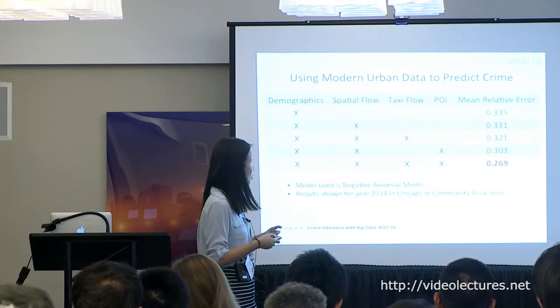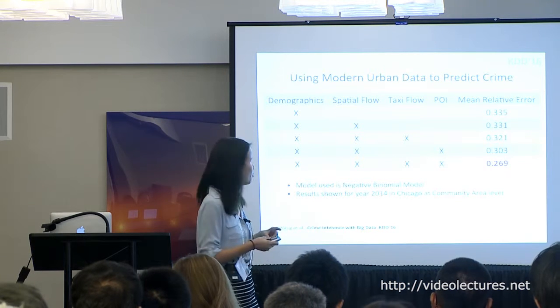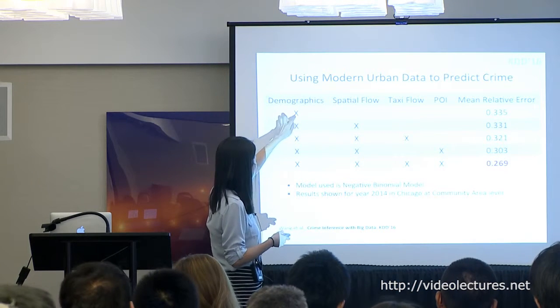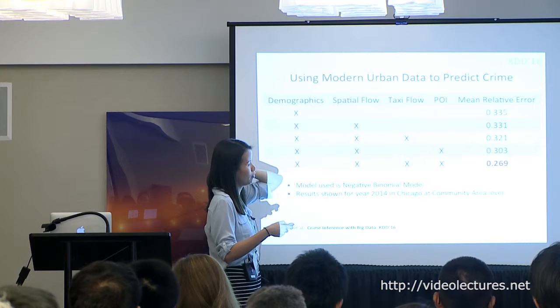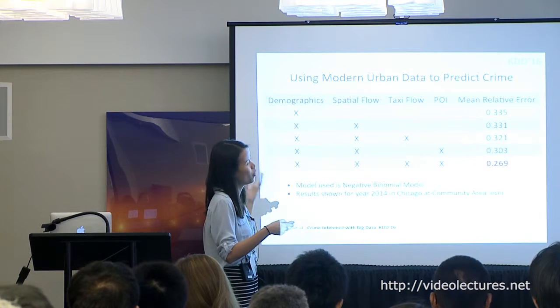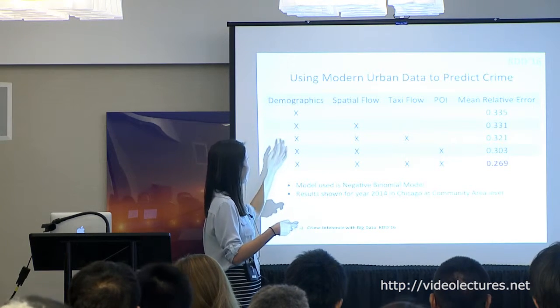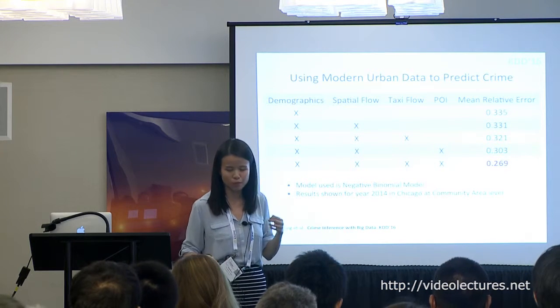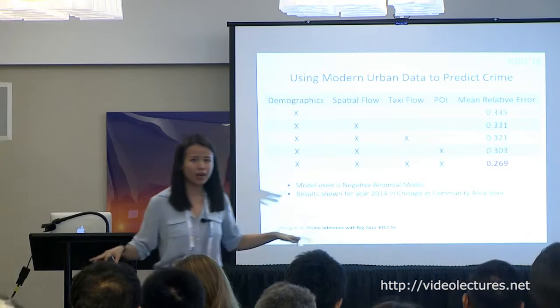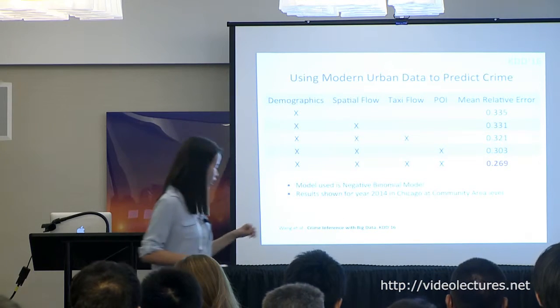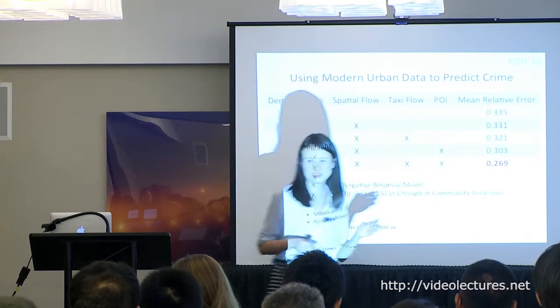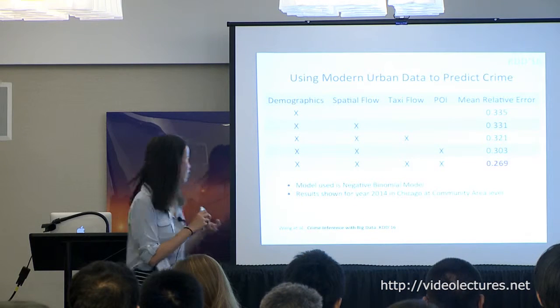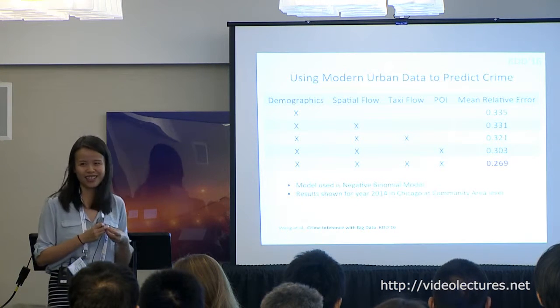One thing I do want to point out is something also very interesting. If you use the demographic data, the relative error will be 0.335. But if you use demographic and also geographic influence, which means if nearby is not safe, this location is not safe, actually the improvement is very, very marginal. So can anyone guess why?